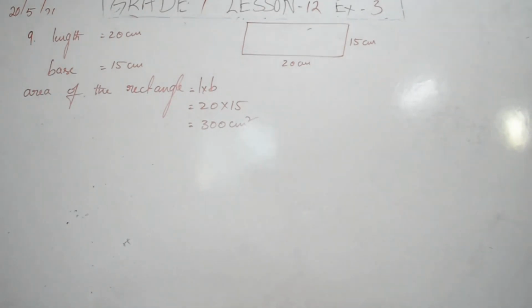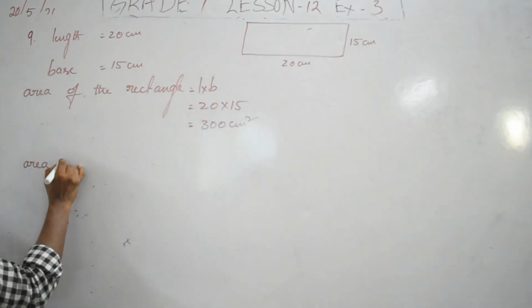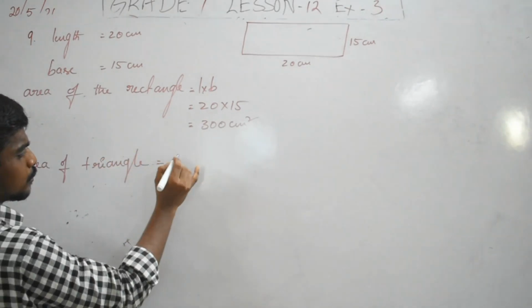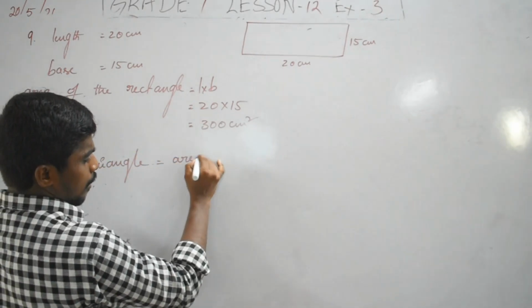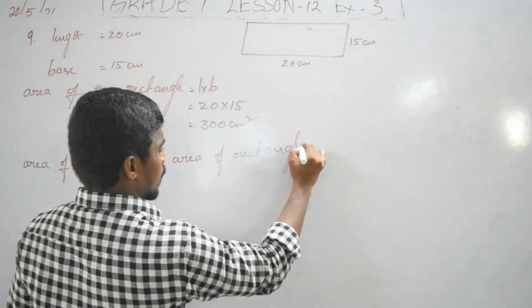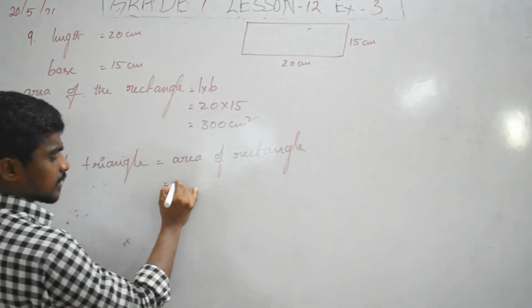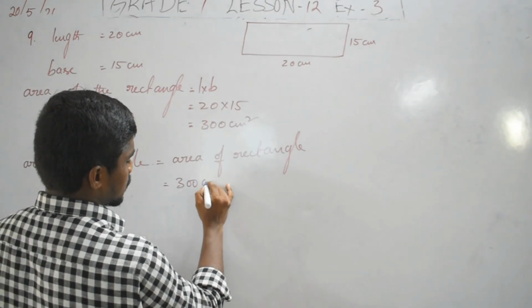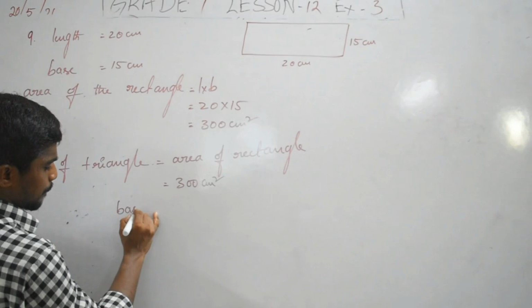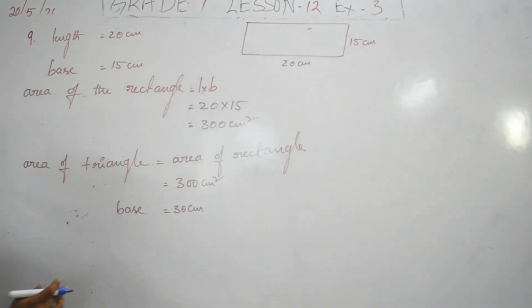Next, they are saying the area of the triangle is equal to the area of the rectangle. So this rectangle's area, as it is the triangle's area, is 300 centimeter square. This triangle's base is given, 30 centimeters. What is the height?